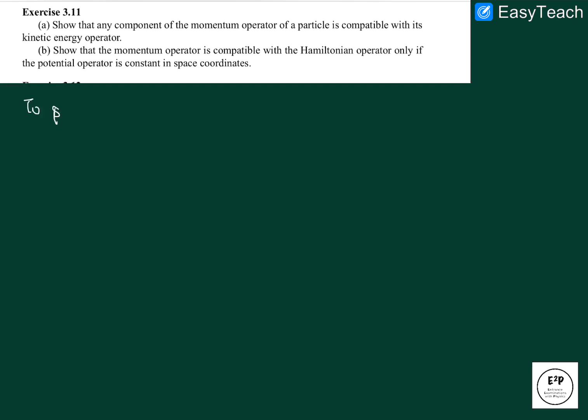So we have to show that the commutator of P cap and H cap equals 0 if V of r bar equals V.